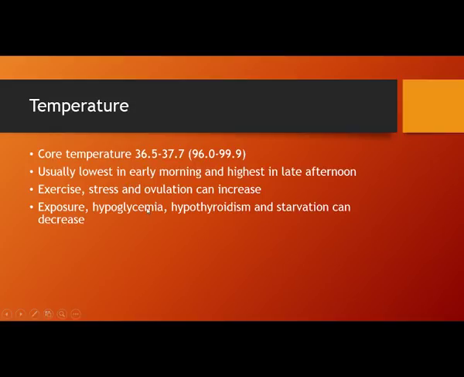Temperature is usually lowest in the early morning and highest in the late afternoon. And it's also influenced heavily by things like exercise, stress, or ovulation, and also hypoglycemia, hypothyroidism, and starvation. So they can push you either to the hypothermia or hyperthermia side.